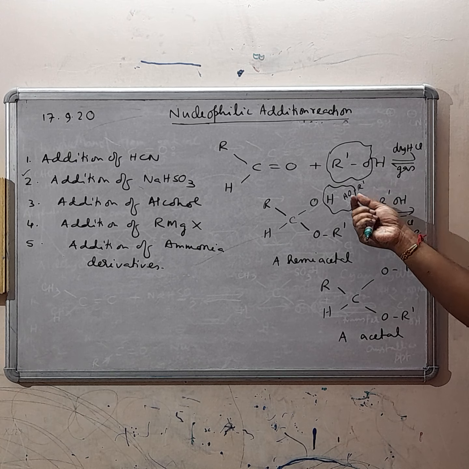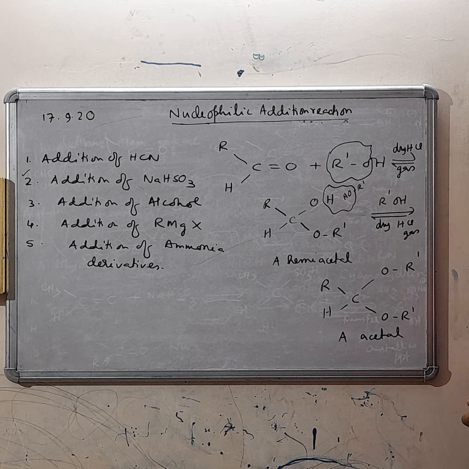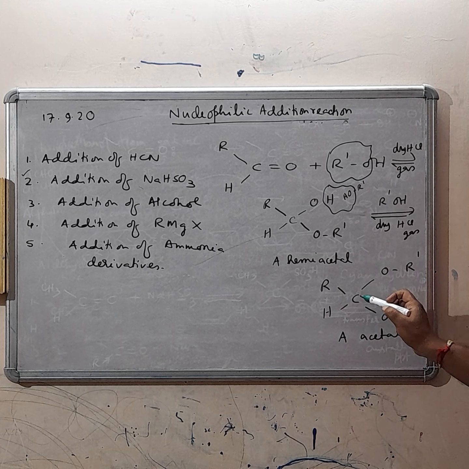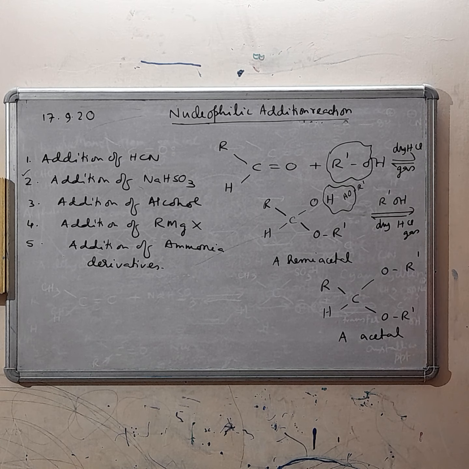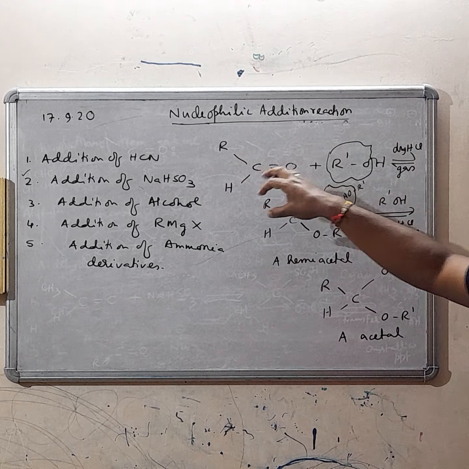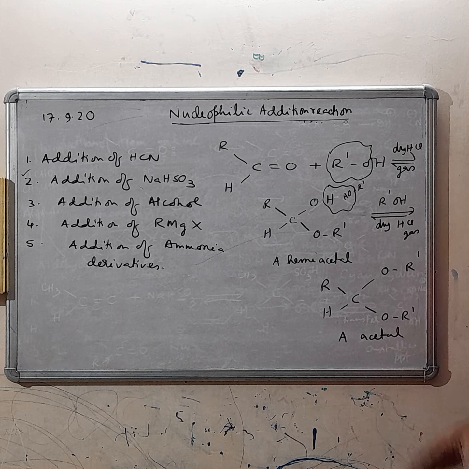Dry HCl gas absorbs this water that is formed, and this molecule having two ethyl groups attached to the same carbon atom, this is called an acetal. So the product of addition of alcohol to carbonyl compound is an acetal.